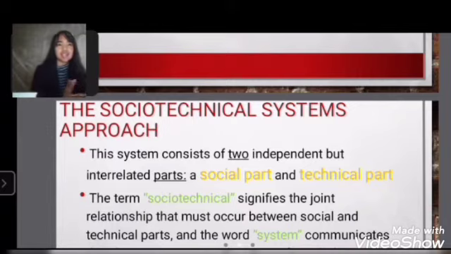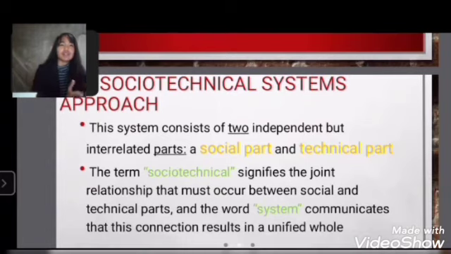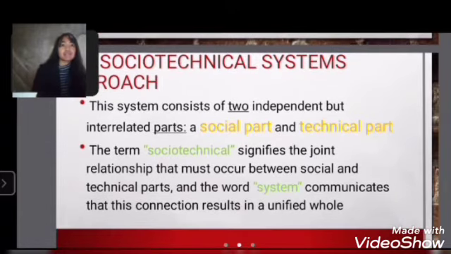Next is the technical part, which pertains to the tools, equipment, techniques and methods for task performance. The term socio-technical signifies the joint relationship that must occur between social and technical parts, and the word system communicates that this connection results in a unified whole.